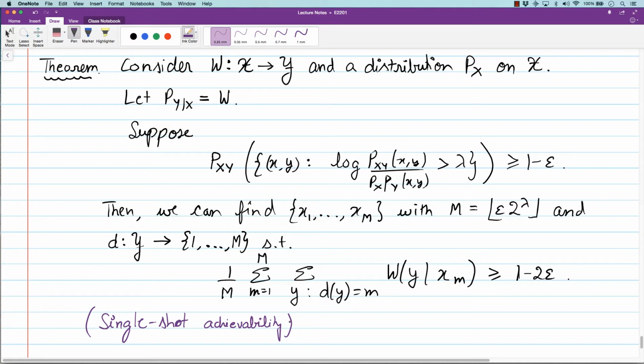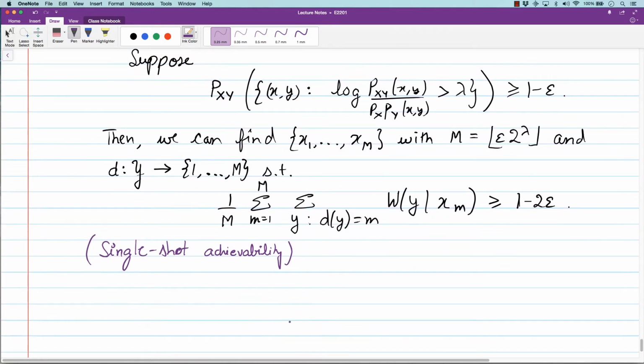Okay, so before I prove this, let's see what we can do with this. To be able to find a code of a given size, we just have to find the appropriate lambda.